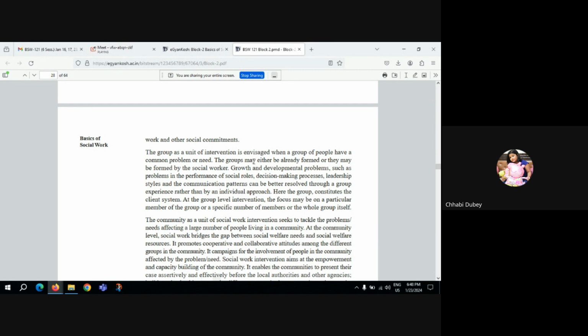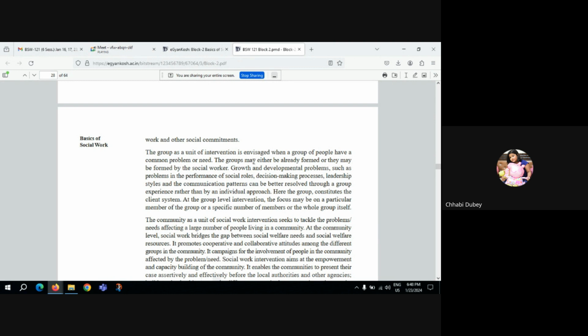Now, the community can also be considered as a unit of social work intervention to cater to problems that are affecting a large number of people who are living in the community. At the community level, social work generally bridges the gap between social welfare needs and social welfare resources.